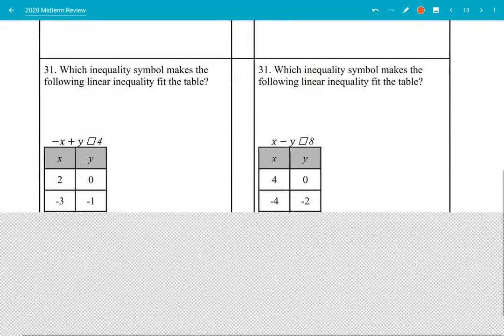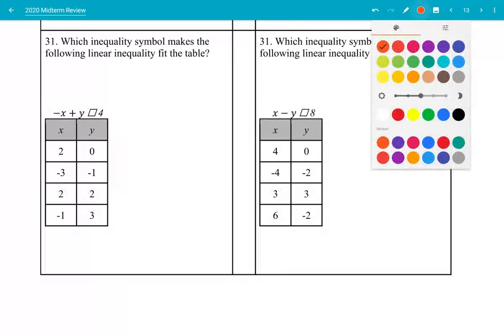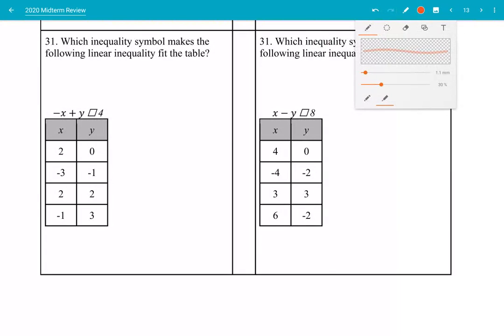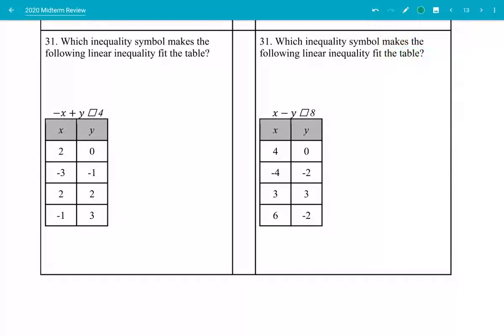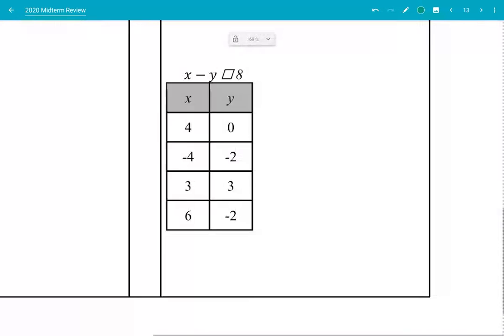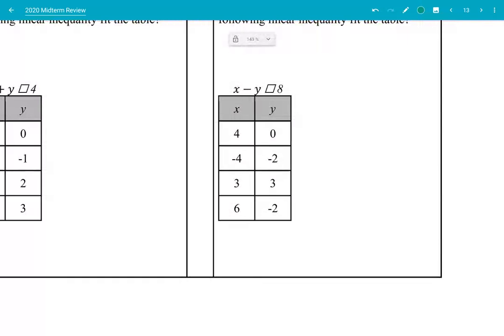All right, how about this one? Which inequality symbol makes the following linear inequality fit the table? Well, let's see. The way we work this is we apply it to every row and see what sign works. So we plug in x and y and subtract y from x and see what happens.